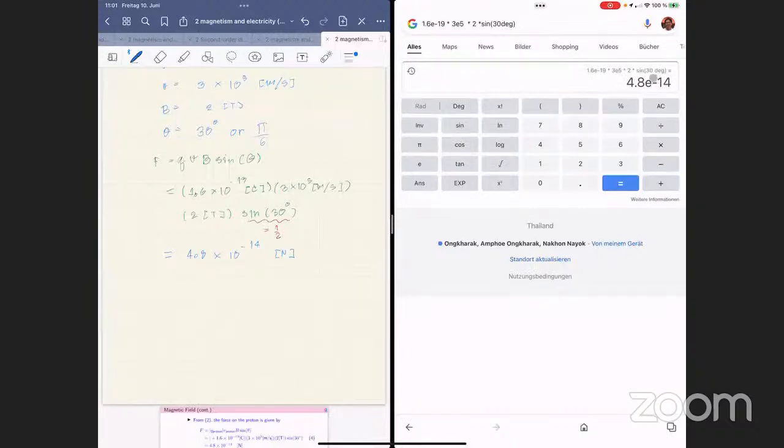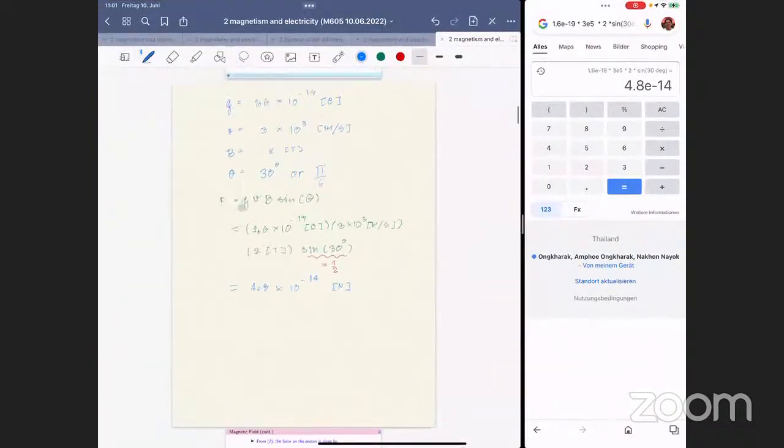E is the letter used in computer language; it's equivalent to times 10 to the power, okay? Okay, we completed the first problem.